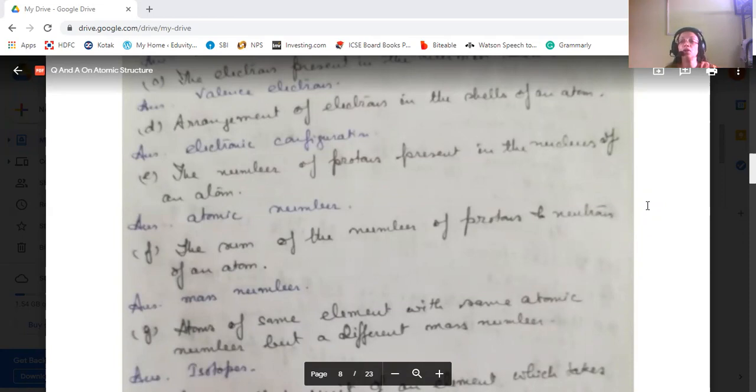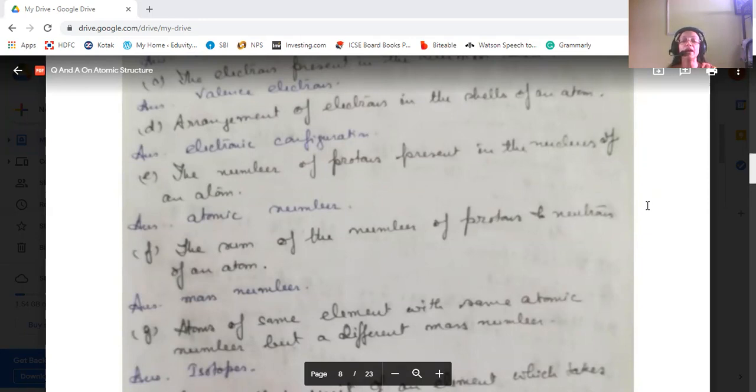So the number of protons present in the nucleus of an atom is known as atomic number, or you can say the number of electrons present in the atom is also known as atomic number. But the mass number is the sum of the number of protons and neutrons present in the atom.